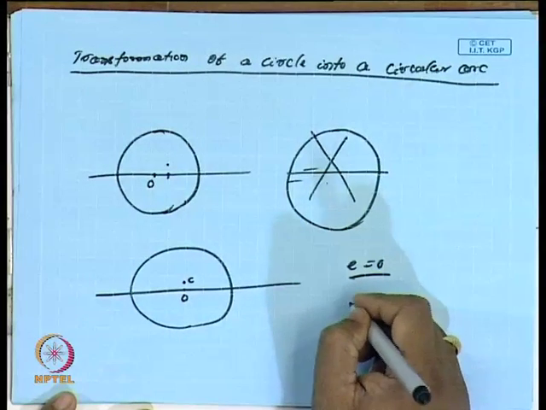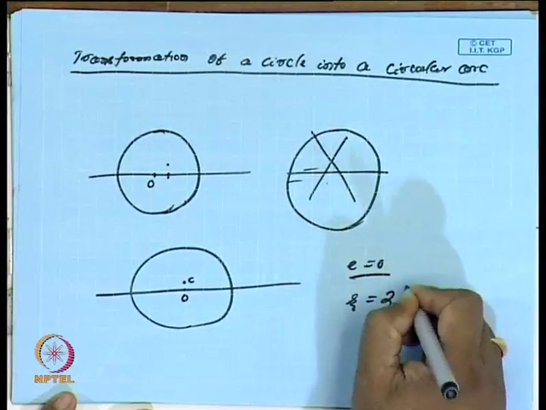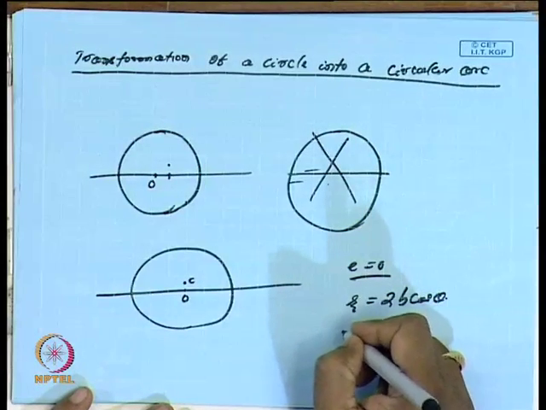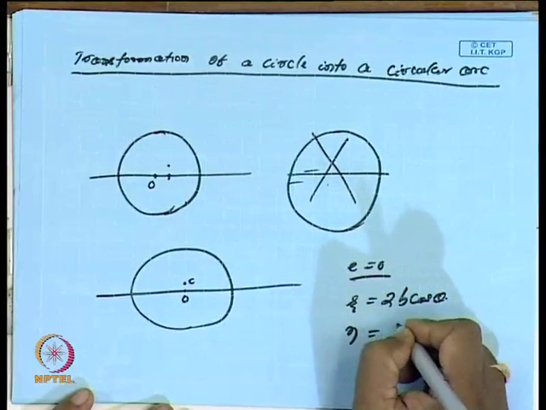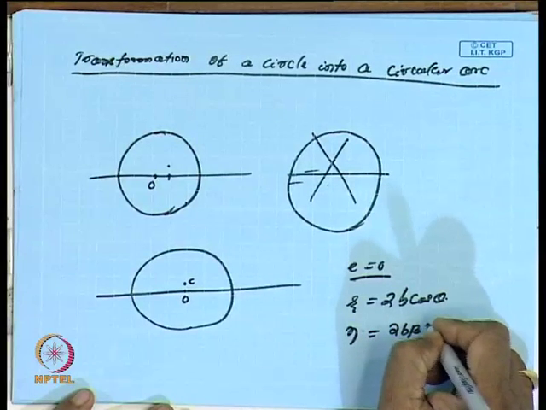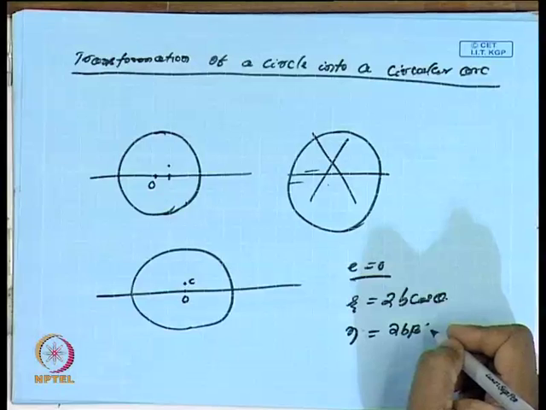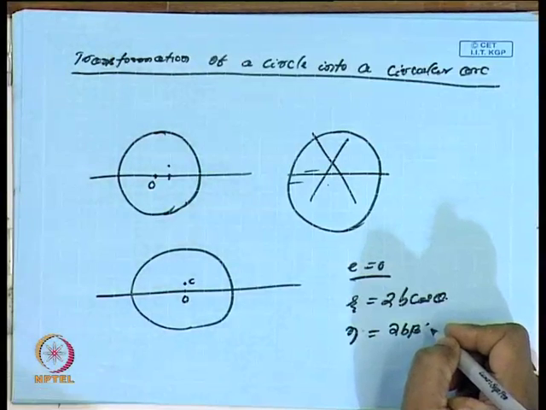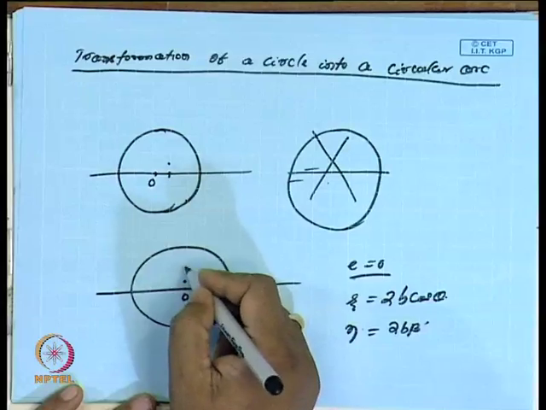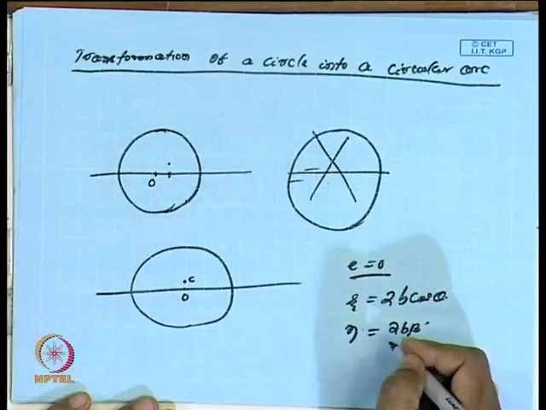E is 0. So, my xi will be 2b cos theta, whereas my eta will be 2b beta sin square theta. So that will be 2b beta, because theta will be the same as any point, there is no horizontal shift.